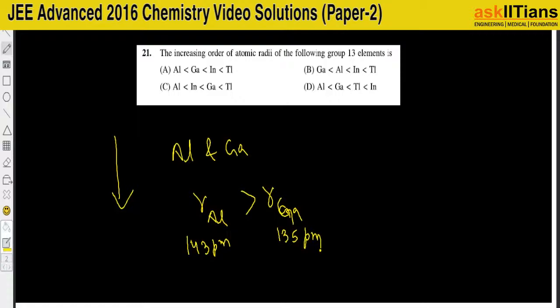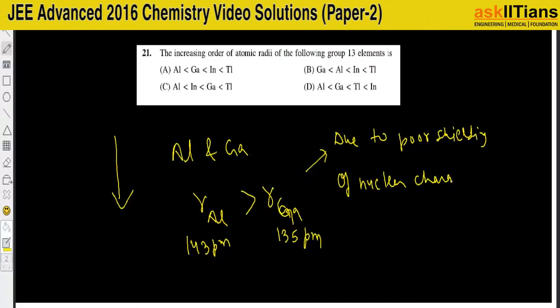And why does it happen? It happens due to poor shielding of nuclear charge by your 3d electrons.